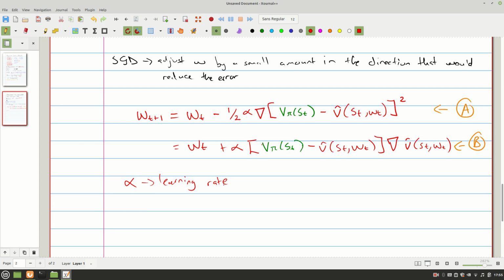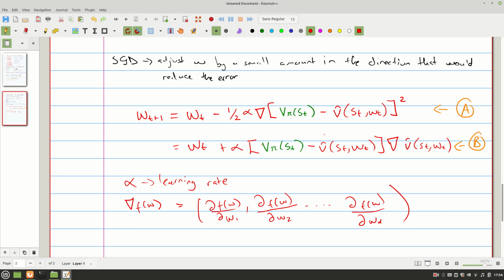We're going to take a small step in alpha, and the gradient of a given function is essentially the partial derivatives with respect to w1, w2, and so on, up to wd.